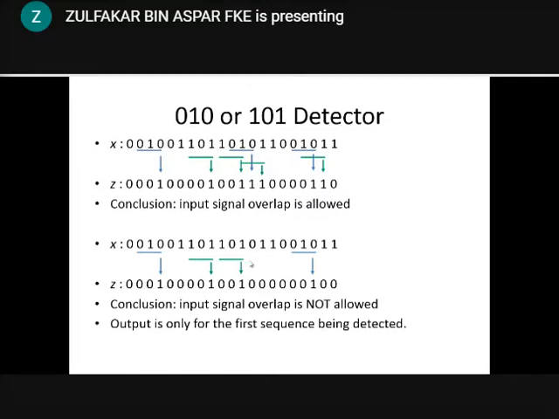And for the green inputs, 101, it is not counted here, because we already counted 0, 1, 0 here, so we cannot count this part of 0, 1, 0, which is 1, 0, to become 1, 0, 1.